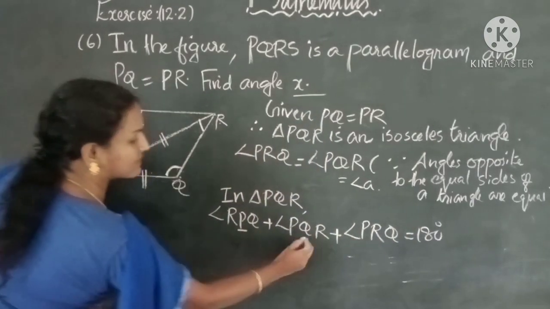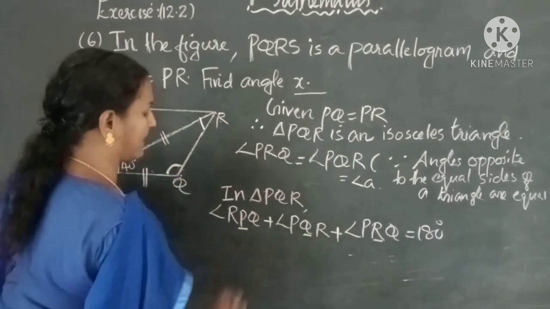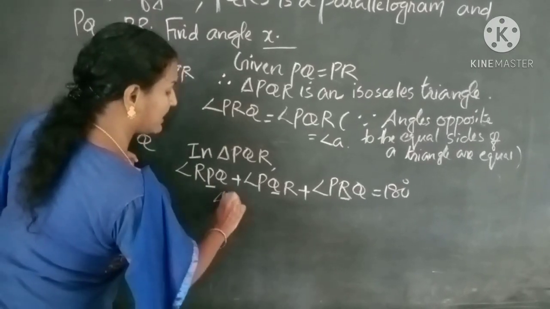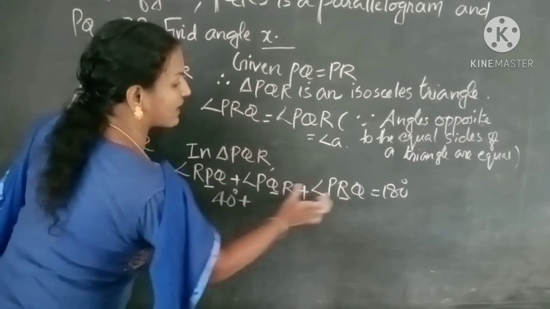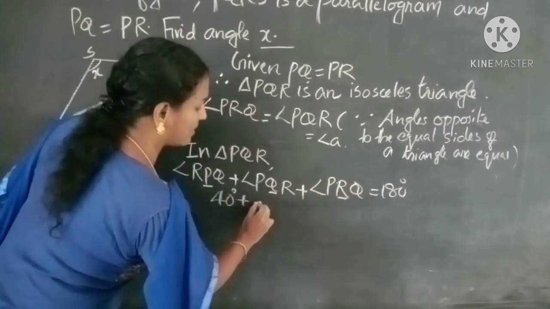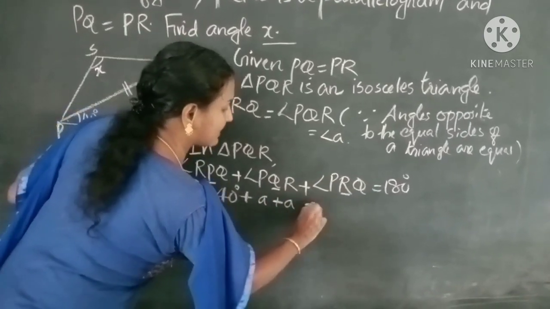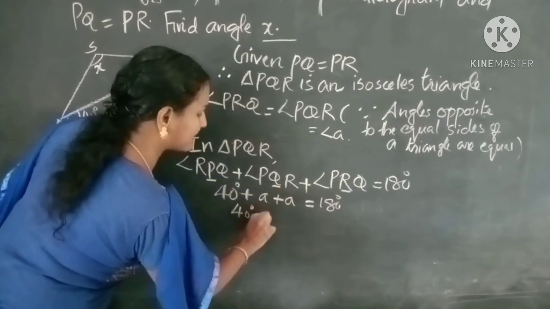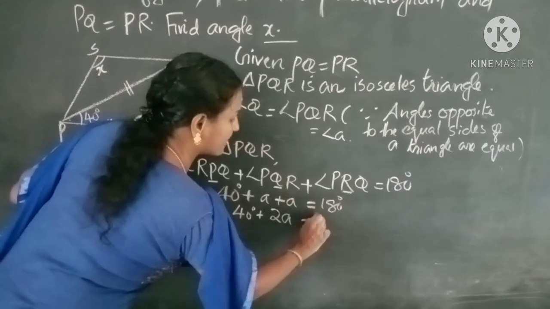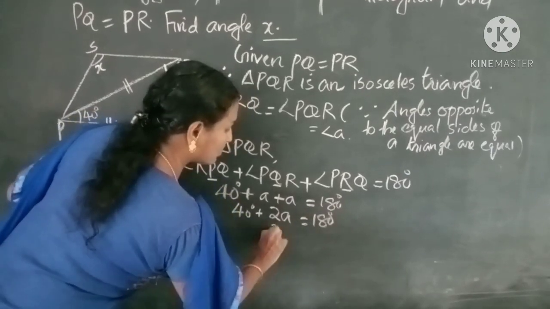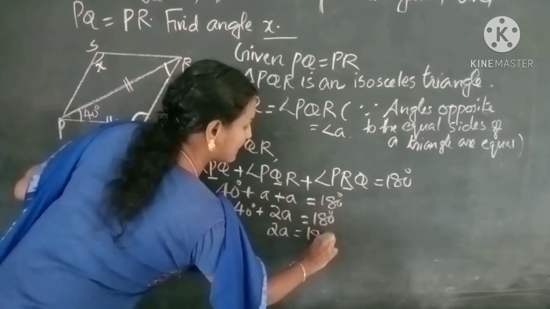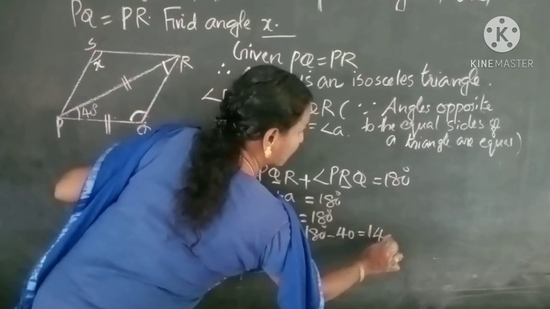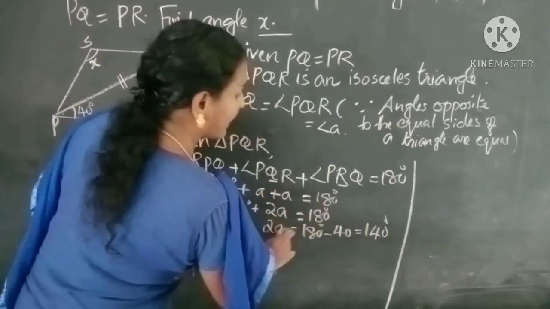Angle RPQ is 40 degrees. 40 degrees plus PQR and PRQ, which are each A. So A plus A: 40 degrees plus 2A is equal to 180. 2A is equal to 180 minus 40, which is 140.